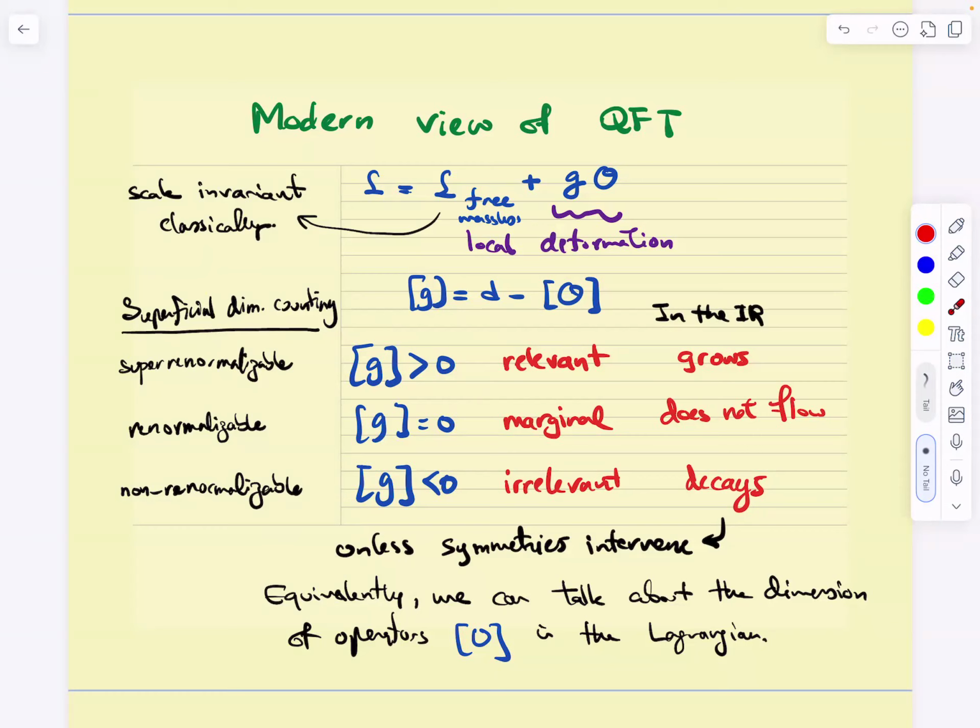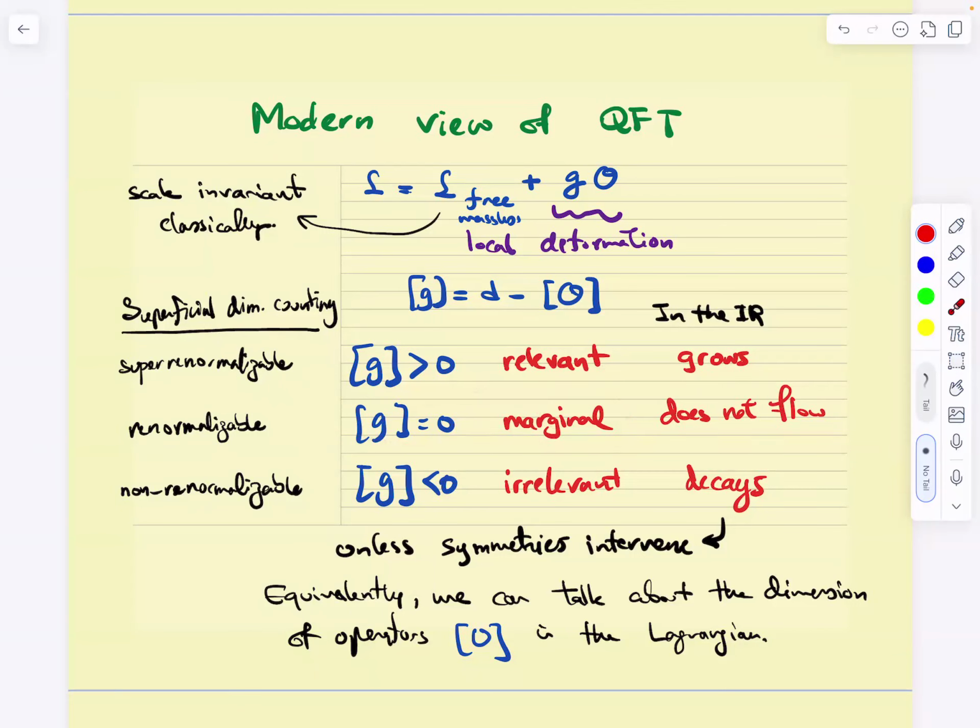They will not give us divergences, because the divergences come from the UV and the coupling is smaller and smaller in the UV. These theories are super renormalizable. Their divergences are very mild and can be taken care of. We said that super renormalizable theories are theories in which only a finite number of amplitudes diverge.